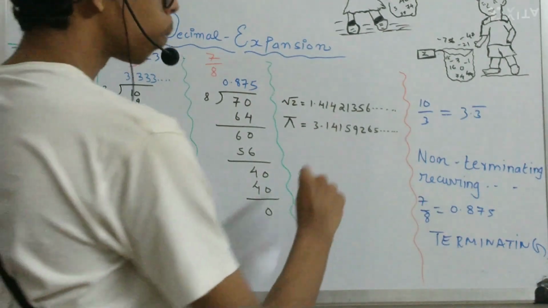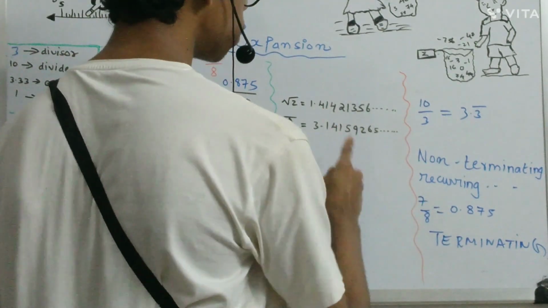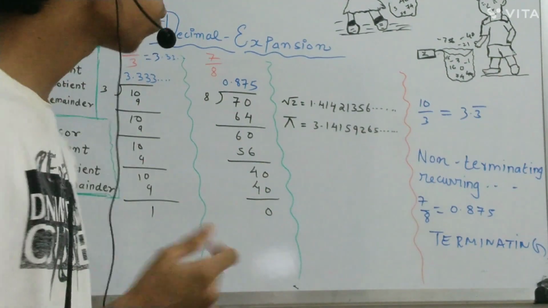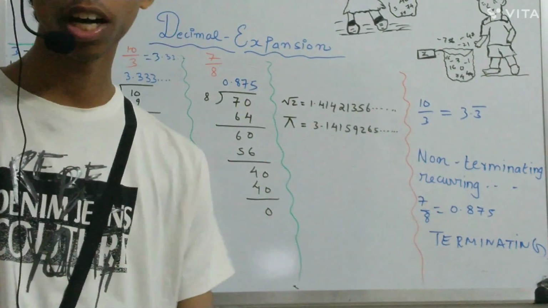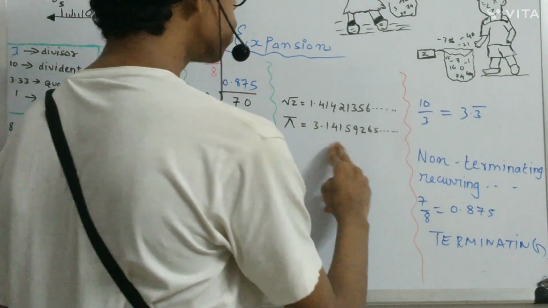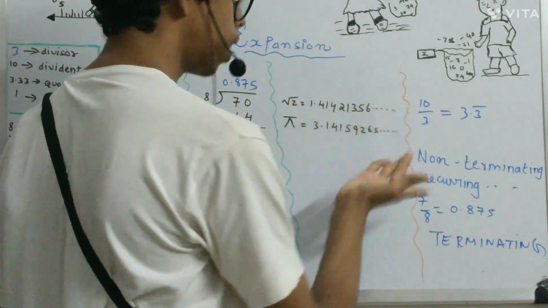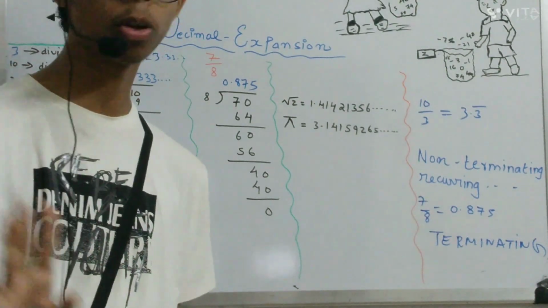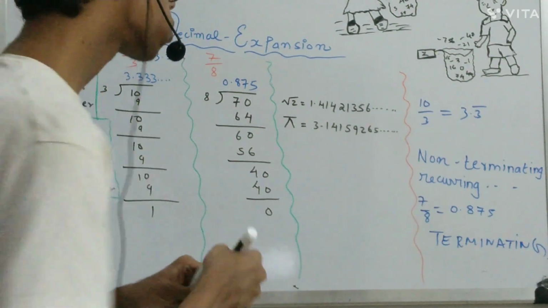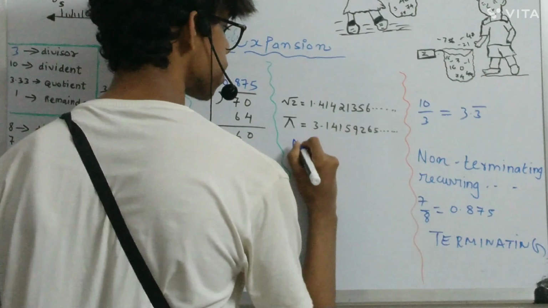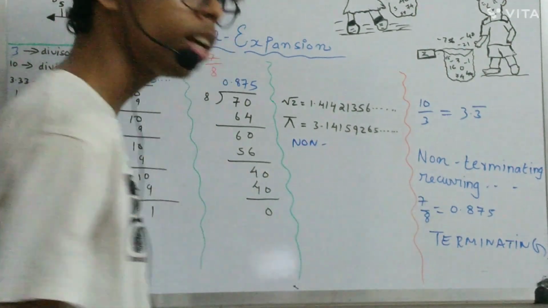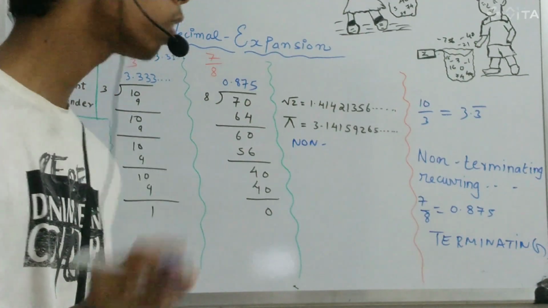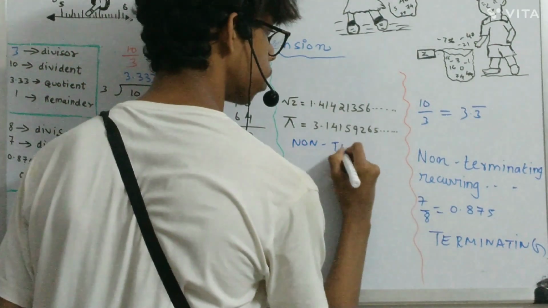Here we observe that after the decimal point the numbers go on, but there is no particular order in which they repeat. Many random numbers are written after the decimal point and just go on. Such numbers we call non-terminating, non-recurring, otherwise non-terminating, non-repeating.